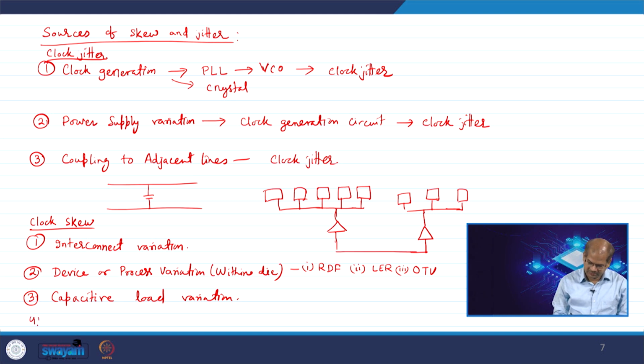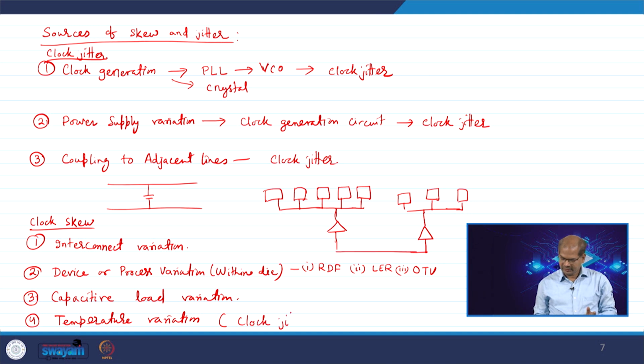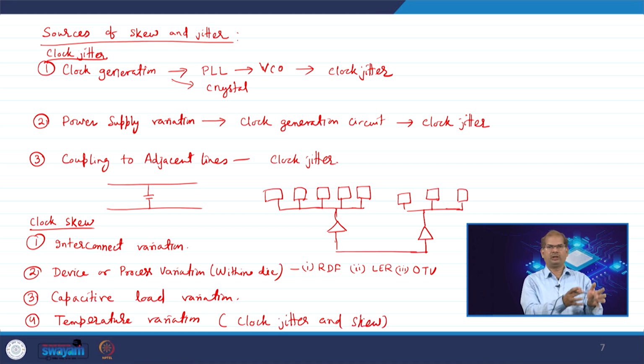Then the fourth is temperature variation. Temperature variation can cause both clock jitter and skew. Let us say some part of the chip is working more, it is more active compared to the other part of the chip.